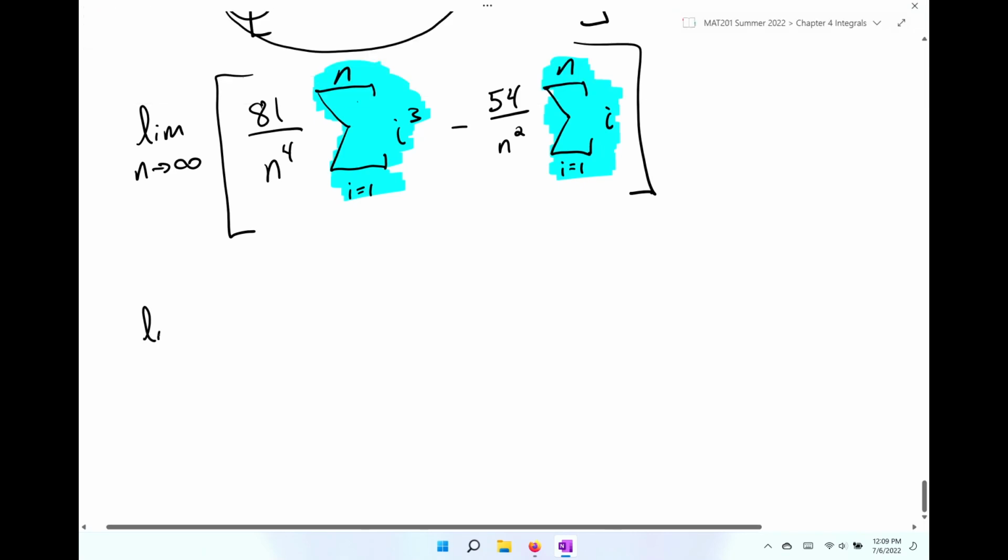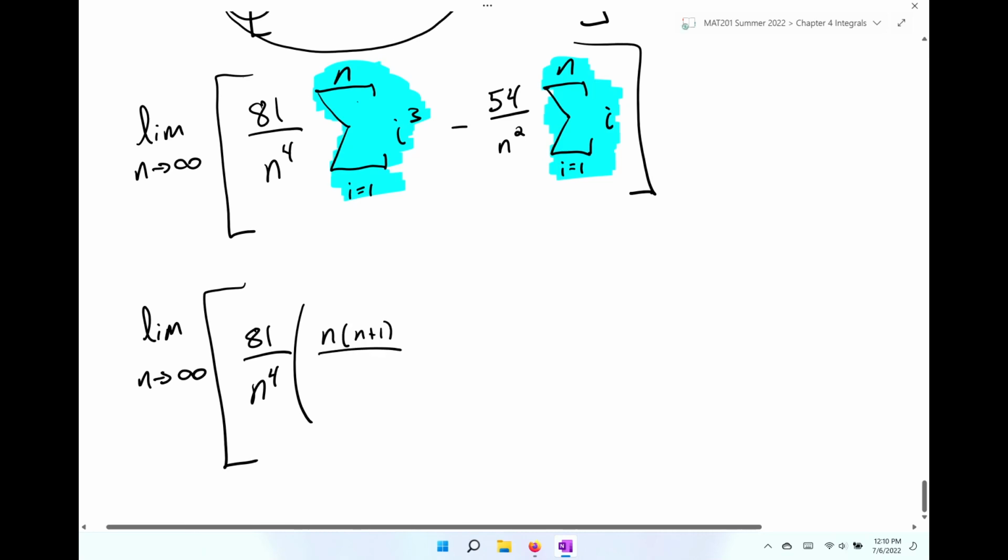So we get the limit as n goes to infinity of 81 over n to the fourth multiplied by, now for i cubed, if you look above, that's going to be n times n plus 1, quantity squared, minus 54 over n to the second multiplied by n times n plus 1 over 2.